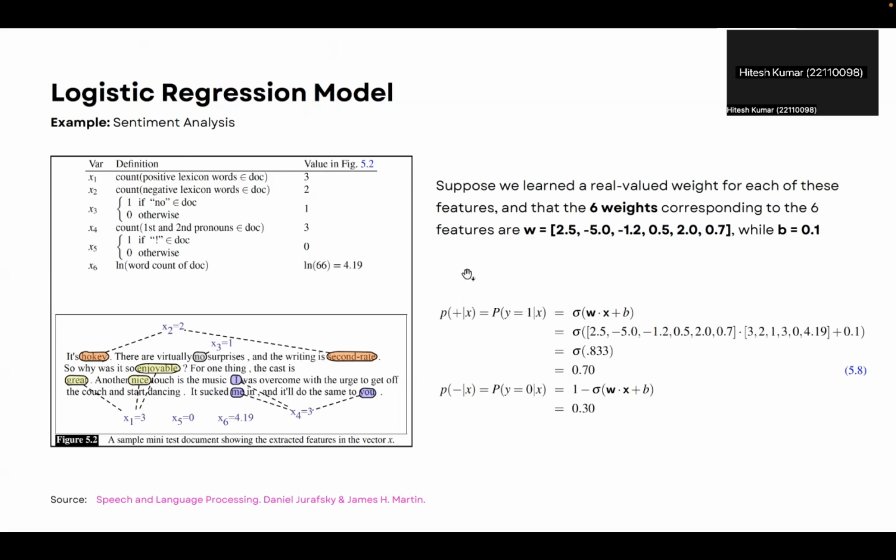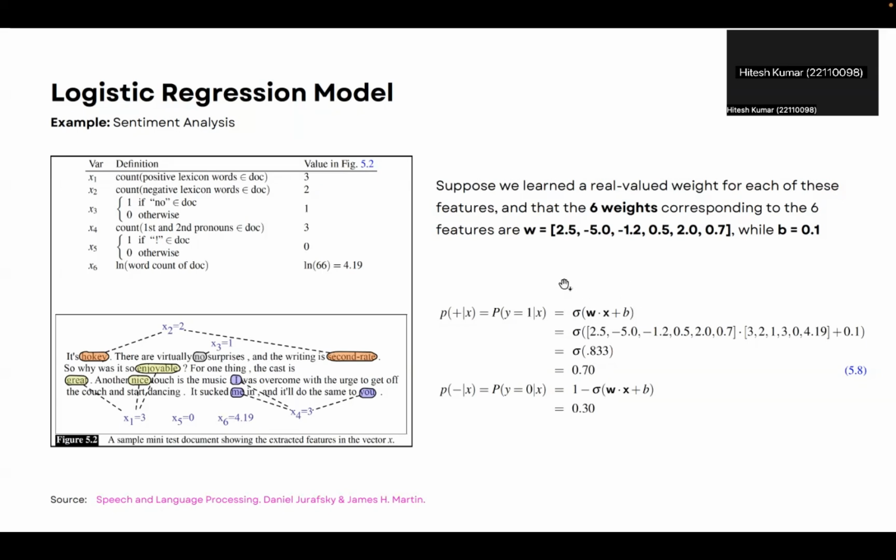We use these features and then calculate the probability of the sentiment being positive or negative. So this is a simple logistic regression model. Here we have just a sigmoid function on the weight times the input x plus the bias.